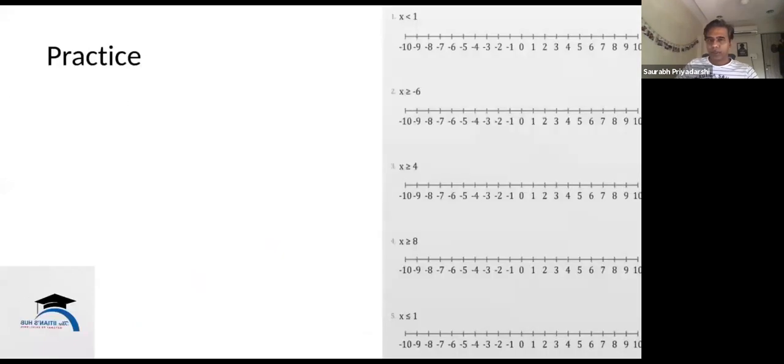For x less than 1, x greater than or equal to minus 6, what you have to do is make the number line system in your copies, mark it, and also write it down. For x less than 1, it is minus infinity to 1. Do the same for each and every question given here. Time starts now, maximum 2 minutes, and if you have done it, write yes.